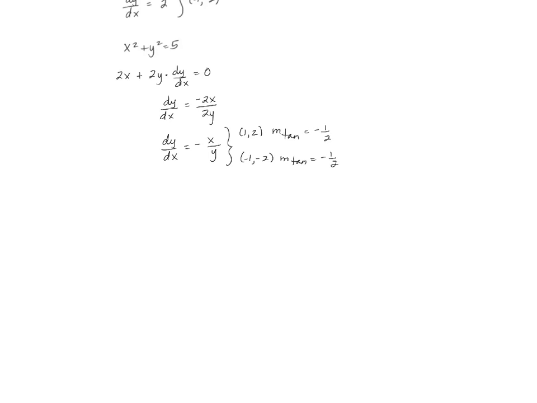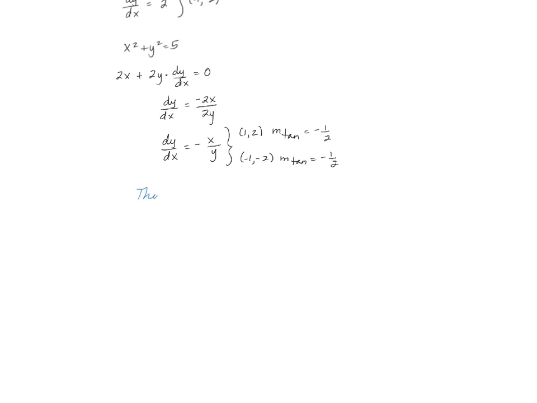And that's enough for us to say that the curves are orthogonal, because at the point 1, 2, the tangent lines are perpendicular. Their slopes are negative reciprocals of each other. And at the point negative 1, negative 2, the tangent lines are perpendicular.